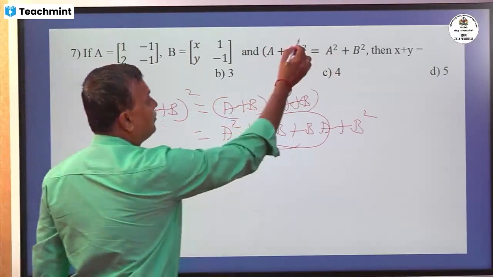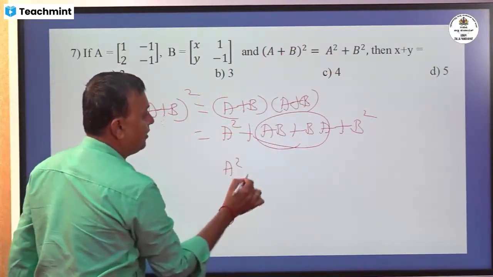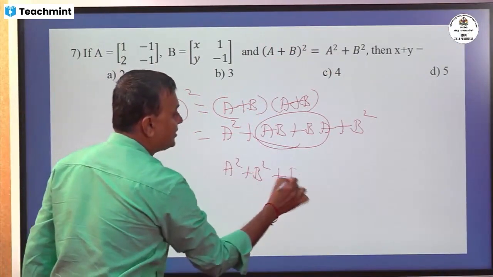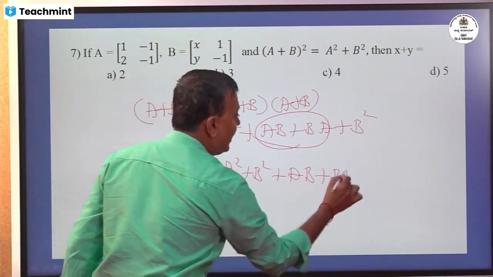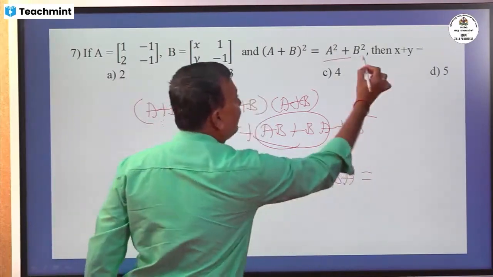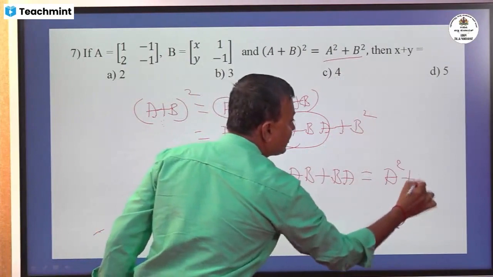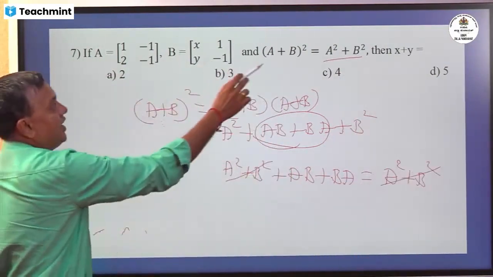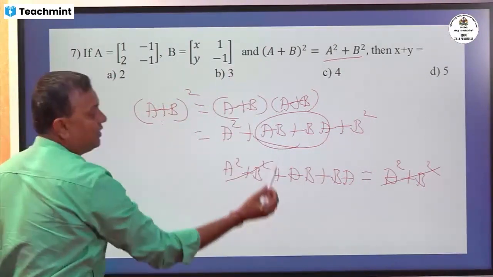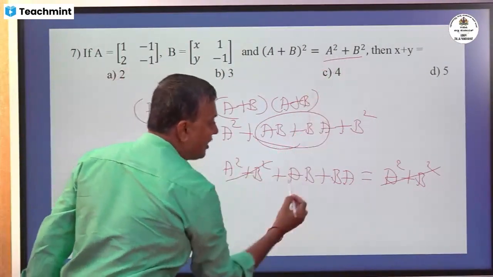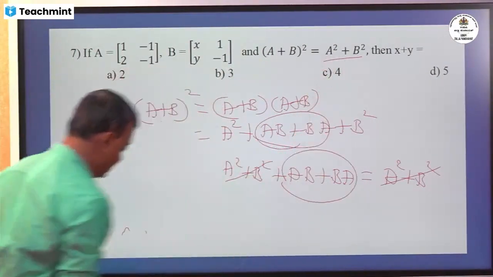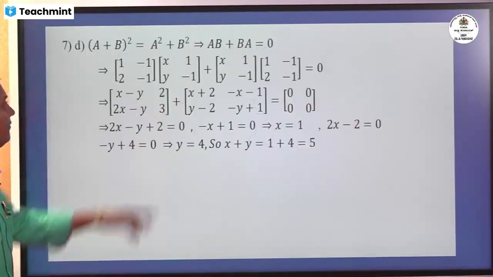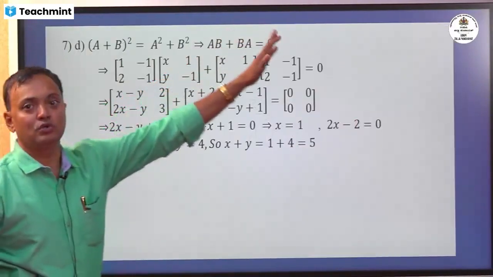So these two cancel, and from A plus B whole square equal to A square plus B square, we get one relation: AB plus BA equal to 0.